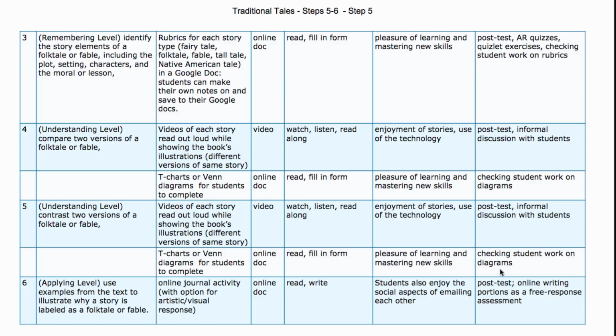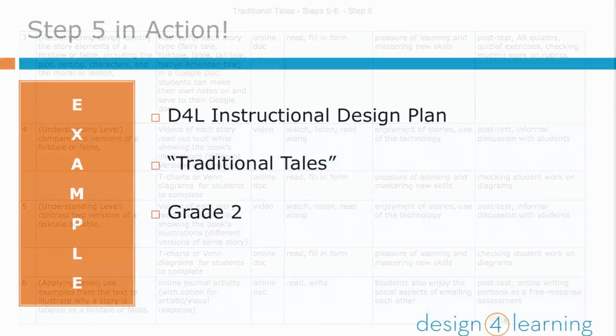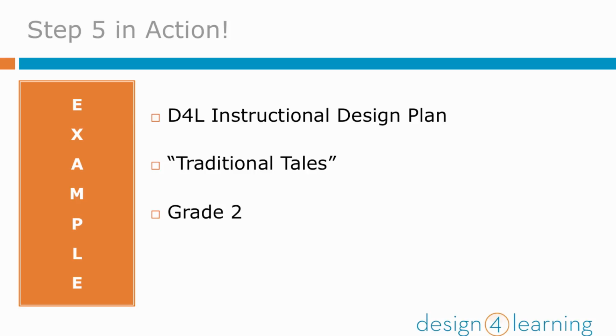And finally, in this column is the learning assessments, 2 options here that align with the learning outcome. So if they are going to use examples from the text to illustrate why a story is labeled as a folktale or fable, and they're reading and writing in a journal, then writing portions as a free response assessment is appropriate. So that was our example using traditional TALES.